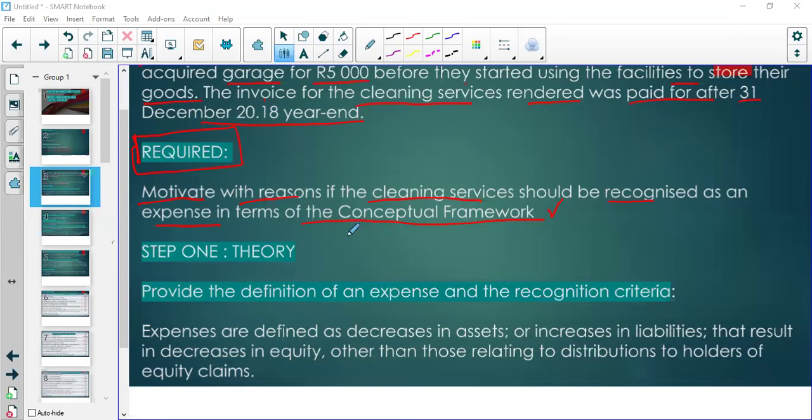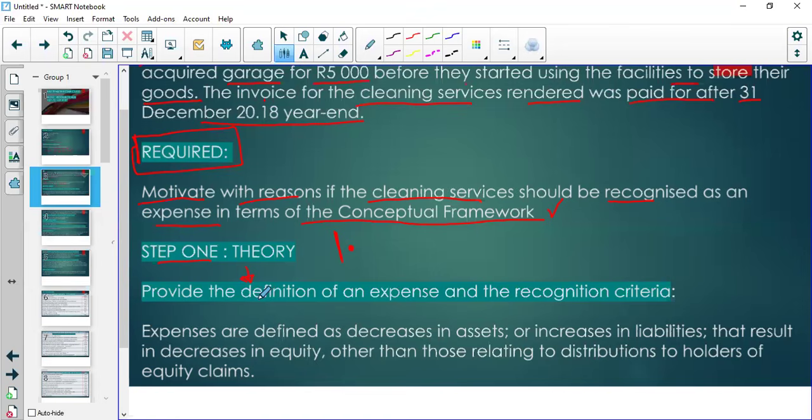So the starting point here is to explain the process of recognition. Right? Firstly, how do we recognize an element? Here they say step one, you mention the definition, but that's not where we start because this is a particular answer that was provided for that purpose.